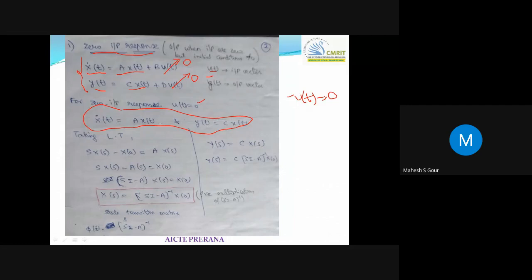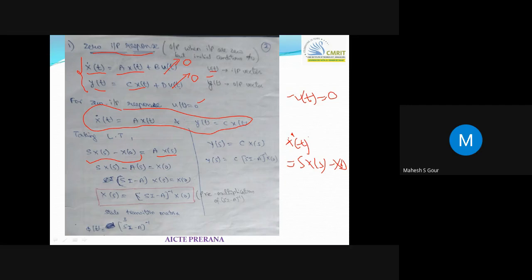Next, for this, I'll take the Laplace transform. So for x dot of t, what is the Laplace transform? X dot of t becomes s X of s minus x of 0, right? A remains the same, x of t will become X of s.